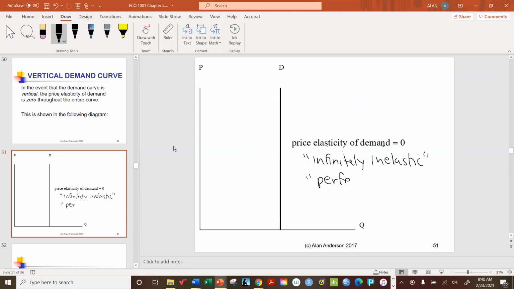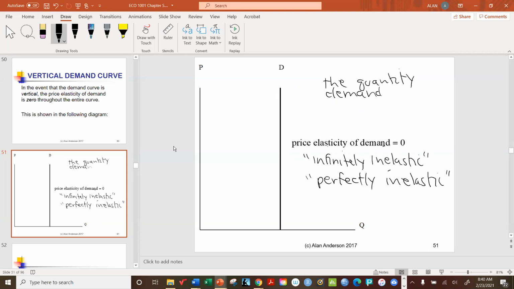They all mean the same thing. And so what's happening here is that the quantity demanded is independent of the price, which means literally that the price could be anything and the quantity will still be whatever this number is.